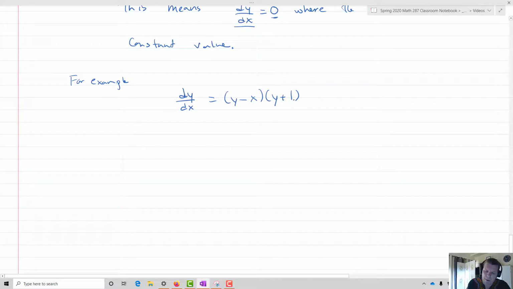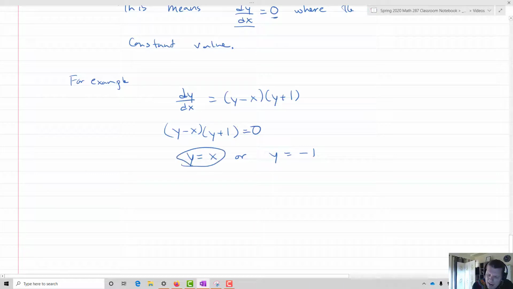If we set dy dx equal to 0, so we say y minus x times y plus 1 equals 0, then that's going to give me that y is going to have to equal x, or y equals negative 1. Well, in this case, y equals x is not a constant function, so it's not going to be an equilibrium solution. But y equals negative 1 is an equilibrium solution. So that is going to be my equilibrium solution.